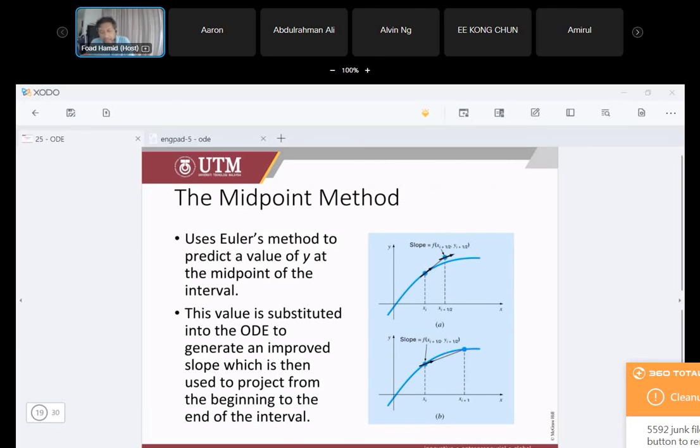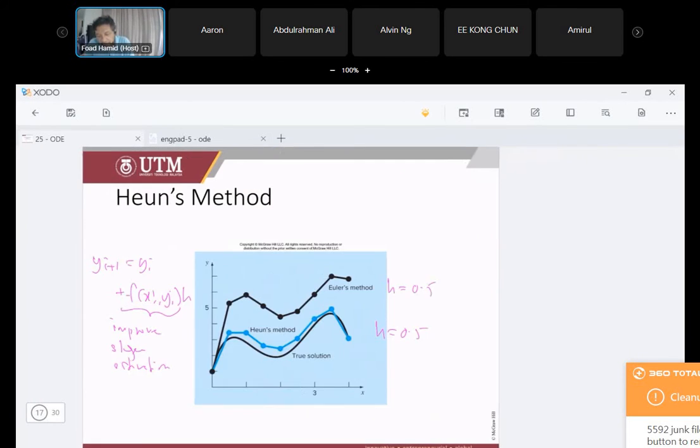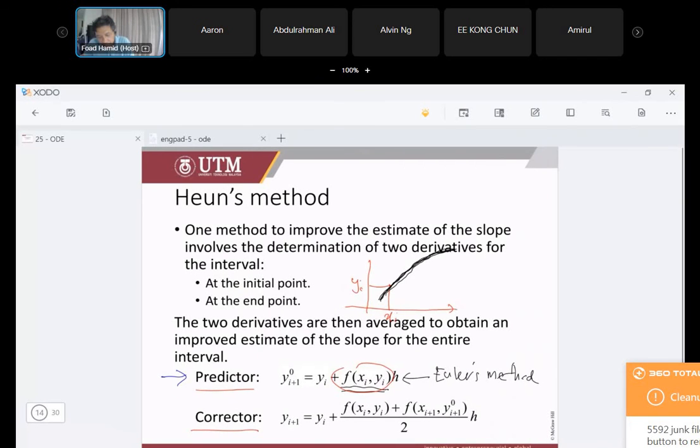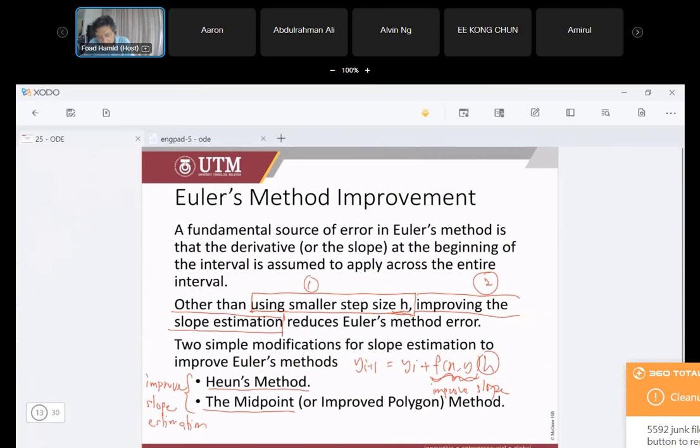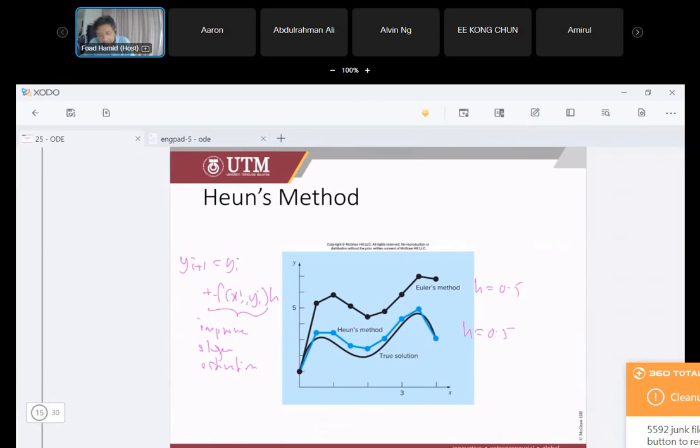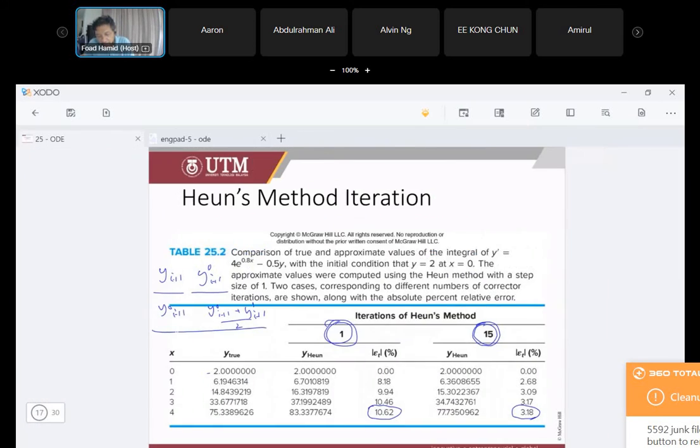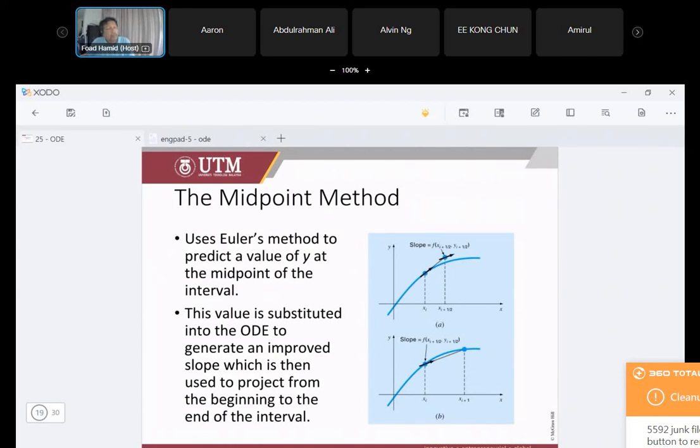I think I mentioned in this class, we'll talk about only two methods to improve Euler's method. So Heun's method, this is one, and the midpoint method. So how does the midpoint method improve our slope estimation?